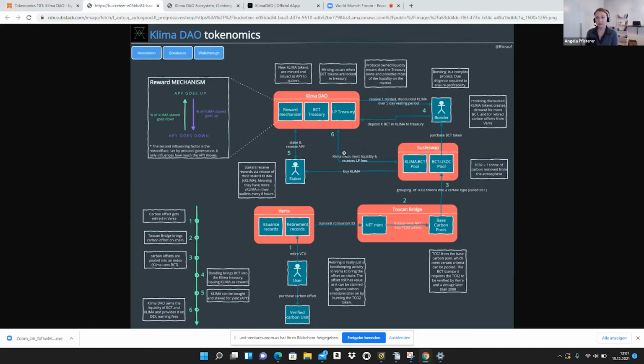A second participant is the bonder. The bonder would provide either BCT tokens or liquidity pool tokens. Both can be bought from the market as well.